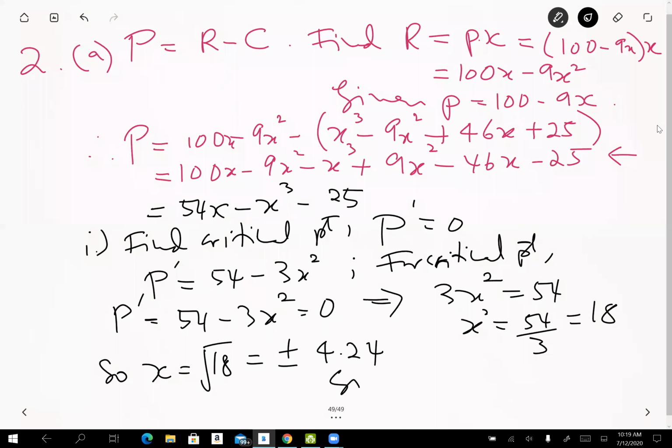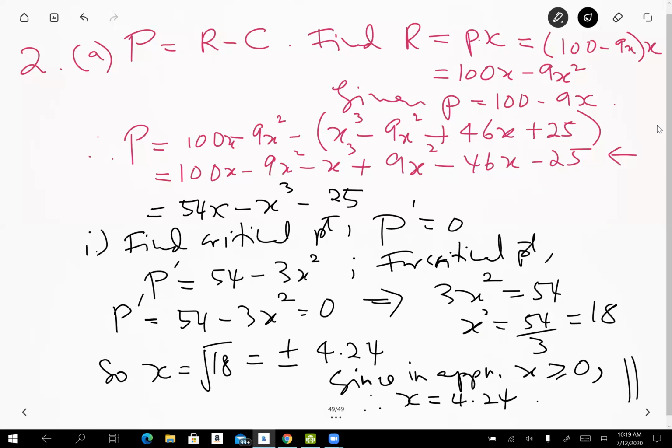Now, in application, x is positive or 0, so therefore, x is only equal to 4.24. If you don't do that, that's okay too. You can just ask for the 2 points.